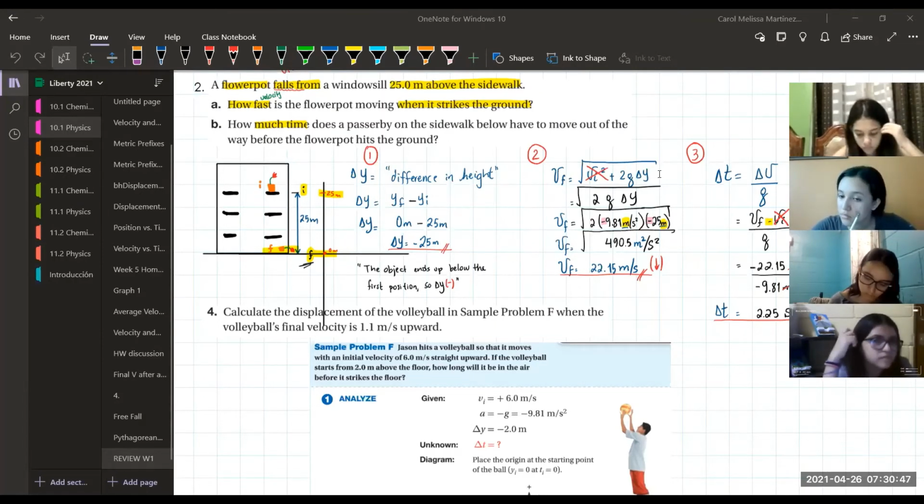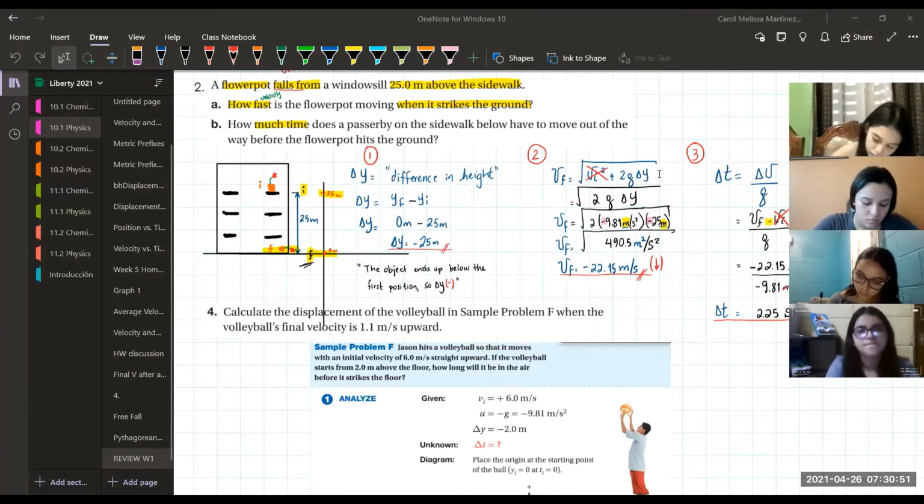Trust me, my students have told me years before, "Miss, in the exam I got a negative time. I didn't know what to do. I studied a lot, but I got a negative time." Because I always tell them two things in the beginning of the school year.